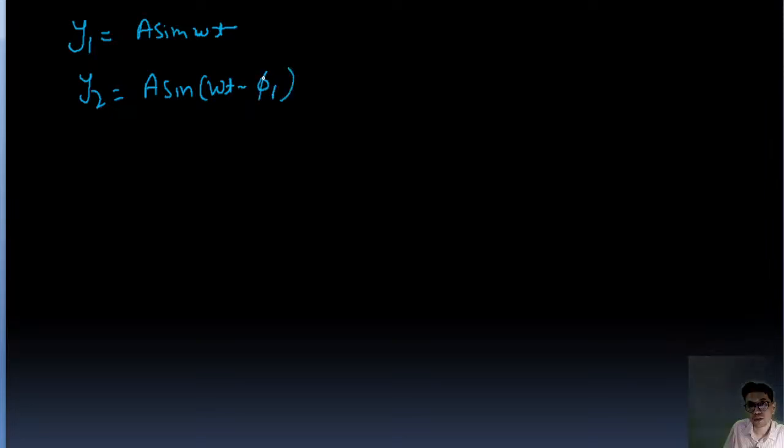There are many waves, so there are n wavelets. This is the wave equation for the first wavelet, and this is the wave equation for the second wavelet.